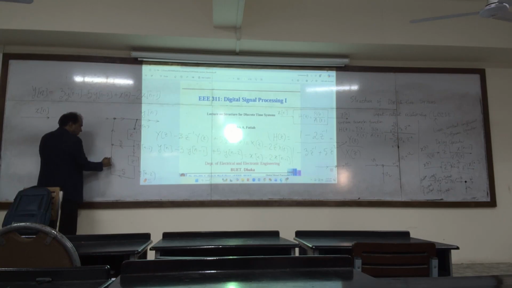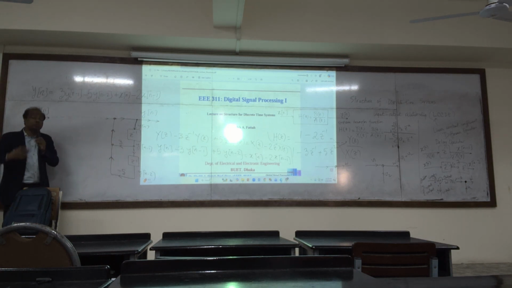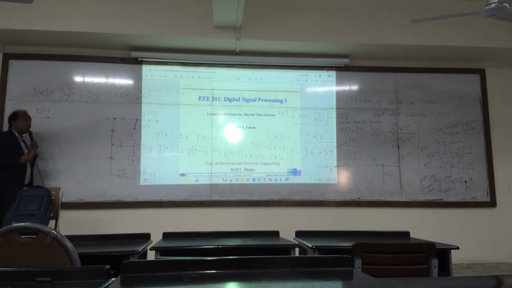One input, another input, they will add and go here. All the same, so you don't have to use 3 inputs and 1 output. All we have used here is 2 inputs and 1 output.